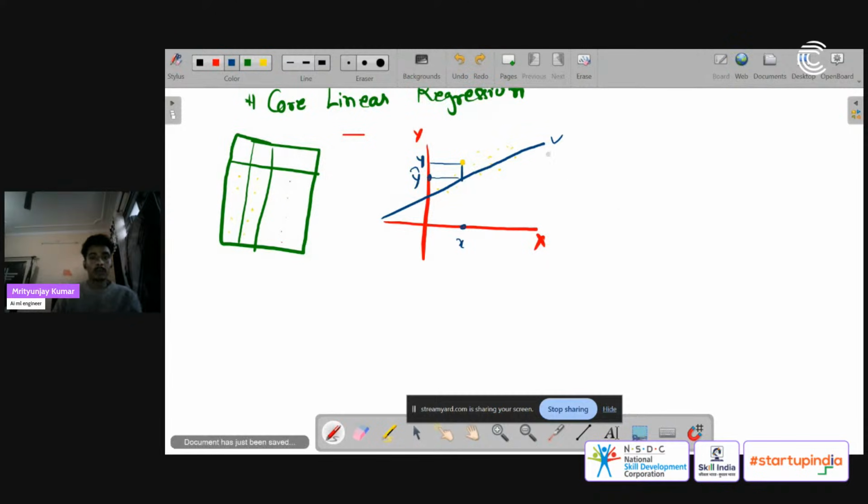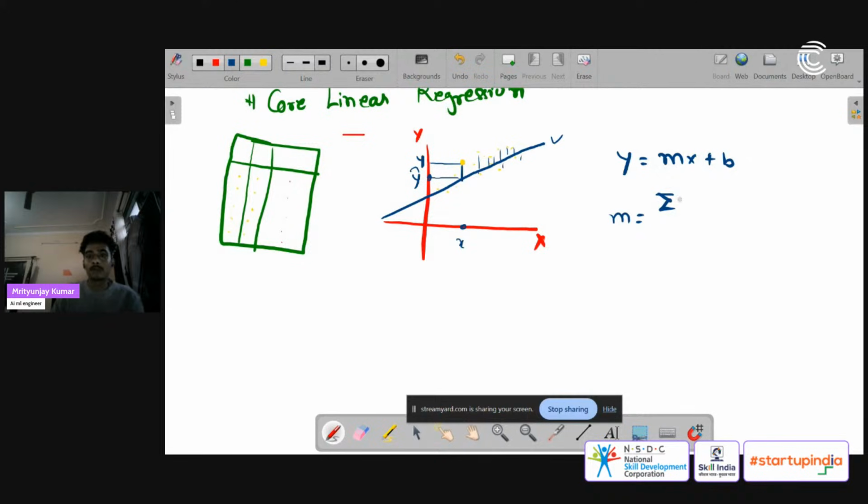There is one concept in statistics, which we can call the slope formula. We already have the formula mx plus b, where m is a summation. We are going to add all the possible points from the predicted line to their original points. We are going to find each point's error, and we have to sum all of them.